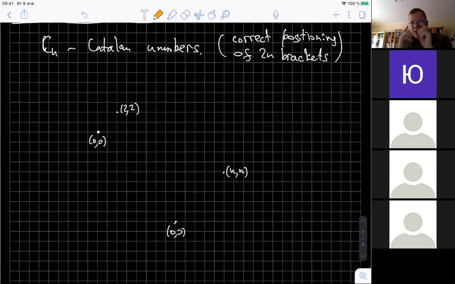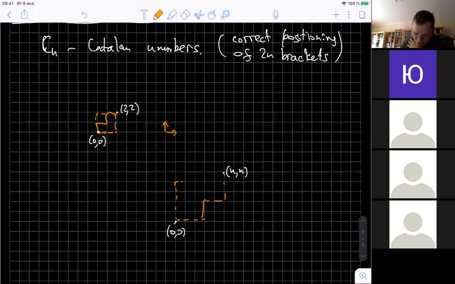The first question: how many routes are there from 0, 0 to 2, 2 if I want to go only up and to the right? Do you know what the answer is?